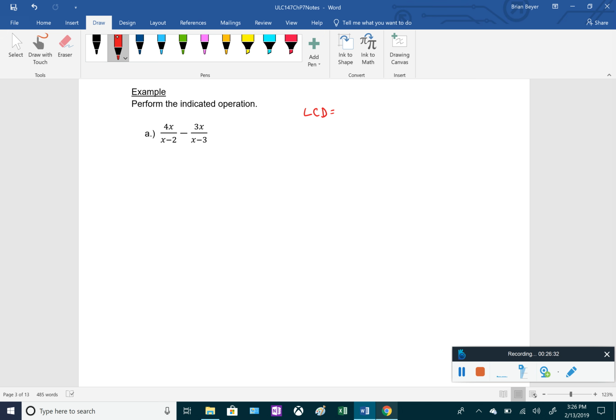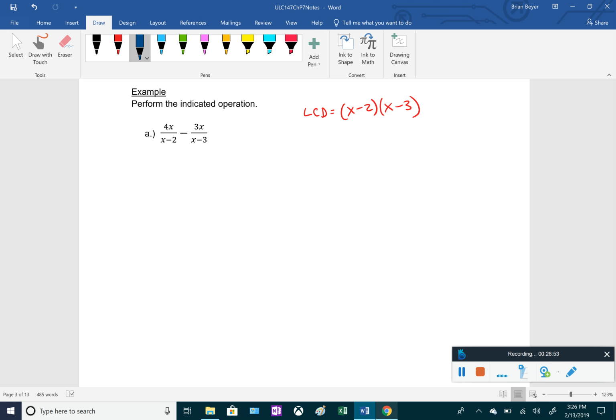Go to the first denominator, which is x minus 2, and write that down. Next, go to the next denominator, x minus 3. That didn't already pop up in our LCD, so we multiply by x minus 3. Now we're done. That's our least common denominator.